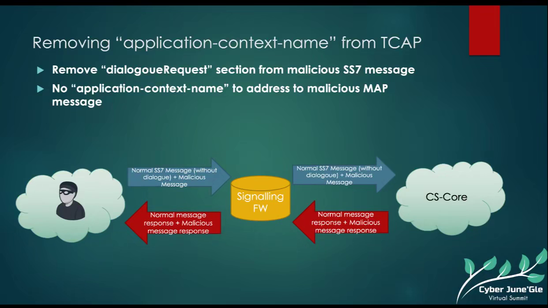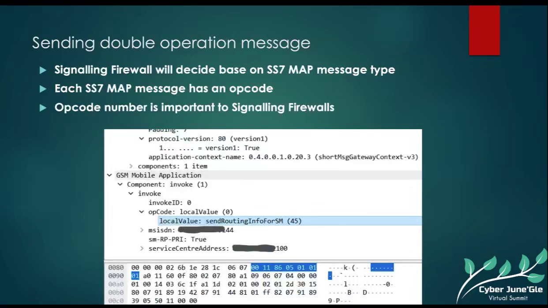In addition, the hacker puts the malicious message opcode inside the whole SS7 message. So as a result, the CS core responds to the normal message and, in addition, the malicious message. So the hacker retrieves all the information he or she wants to have in this case.